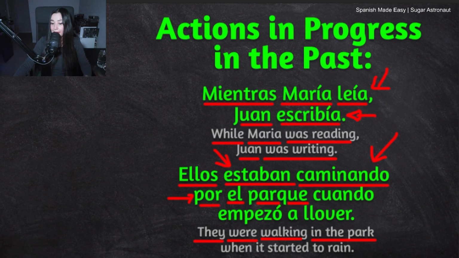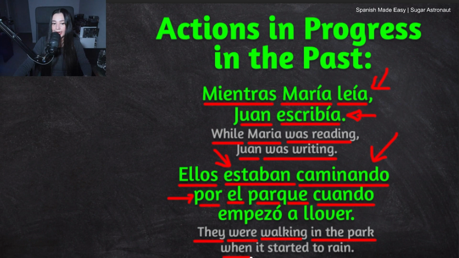Por has many uses, and we can talk about that, but por can be used when referring to duration of time, for reasons, if you want to explain reasons or motives. It can be used in different situations, so we can talk about por in the future. Por el parque is similar to saying in the park.